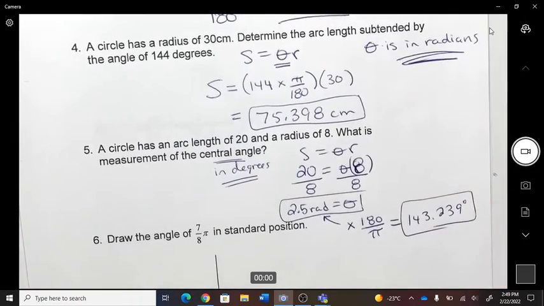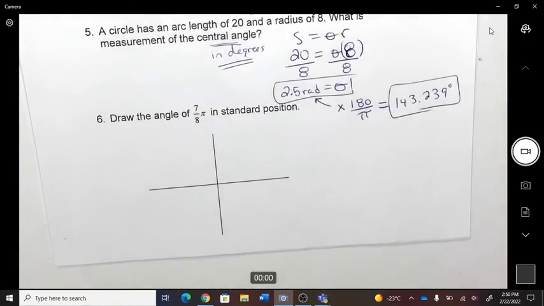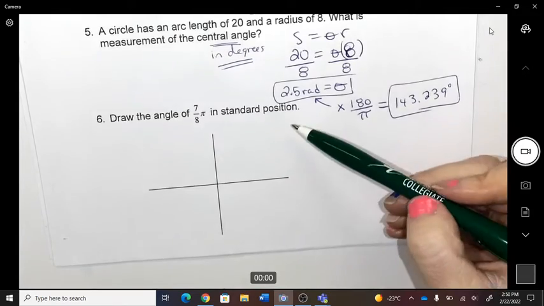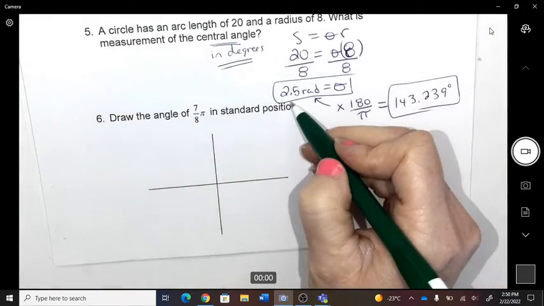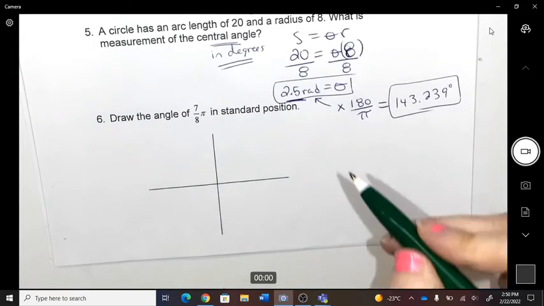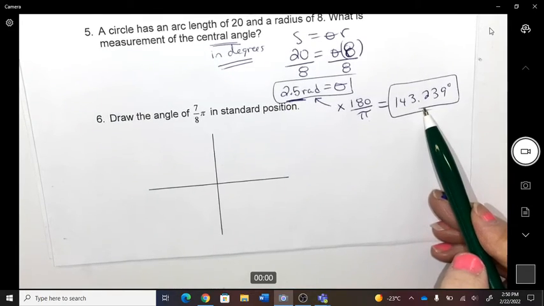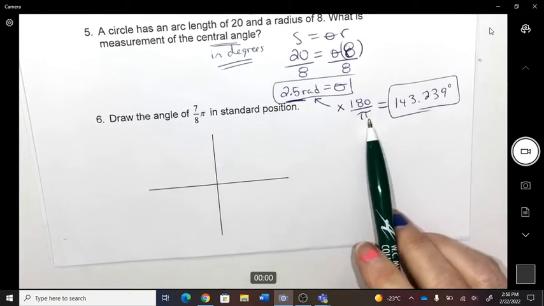Okay, so that's all about those conversions. Please make sure on a test that whatever you get here, leave it on your calculator. Because if you round something here, your answer is going to be off. So don't round something and then times it.